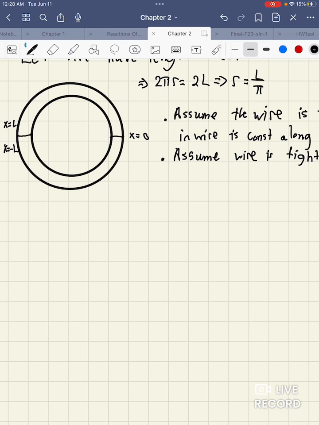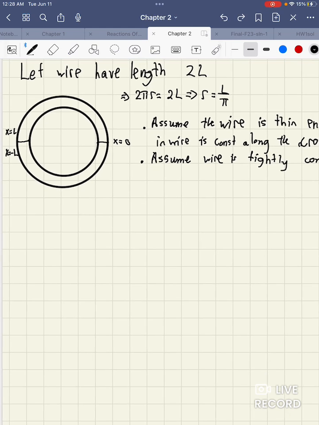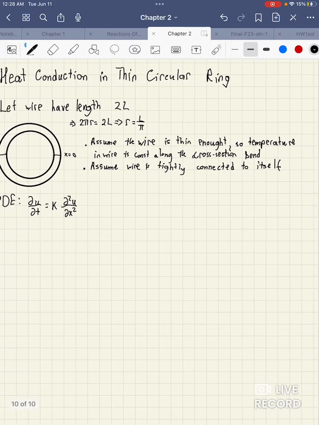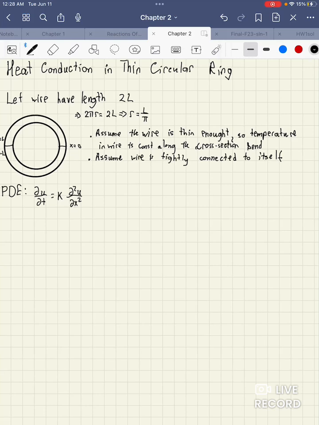So the second order derivative of temperature, and there's no additional source that provides heat, so our PDE is just partial u partial t equal to our diffusivity constant k times the second order partial derivative in x squared. So that's our PDE.